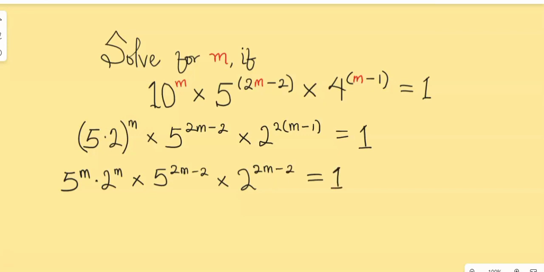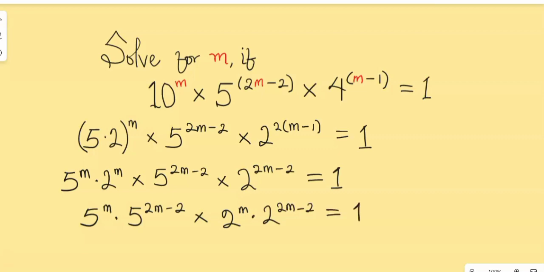From here we can see that these are family, likewise these are family. So we can easily bring them side by side, as they are all multiplied. So I can say 5 raised to the power of m multiplied by 5 raised to the power of 2m minus 2, then multiplied by 2 raised to the power of m, its family, 2 raised to the power of 2m minus 2, equals 1.